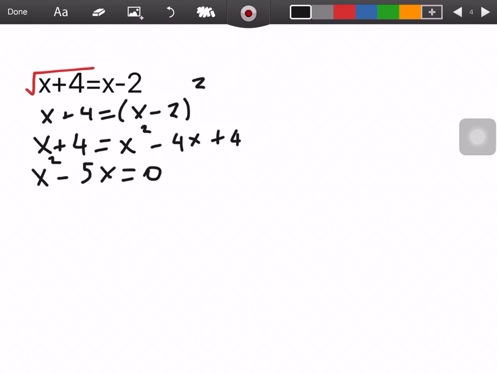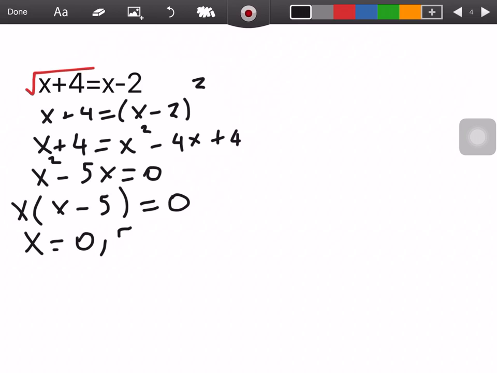So now, we're left with x as what we take out of the bracket. And now, x minus 5 is equal to 0. So now, we get two solutions from this. We get 0 and 5.